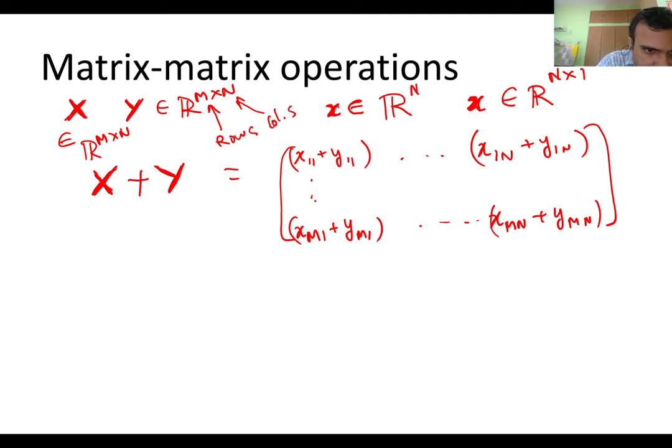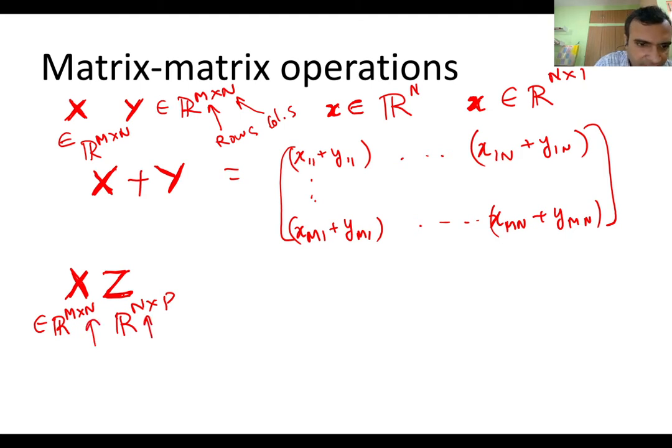You can also define products. Let's say you have matrix X and matrix Z. Their product is only defined if, say, X belongs to R m cross n, then Z has to belong to R n cross p. So this dimension and this dimension have to match. Why?